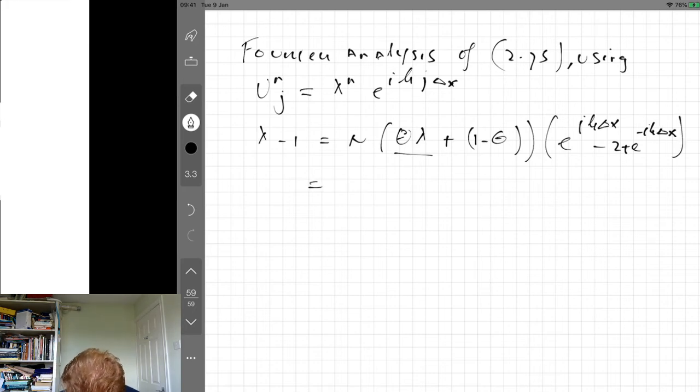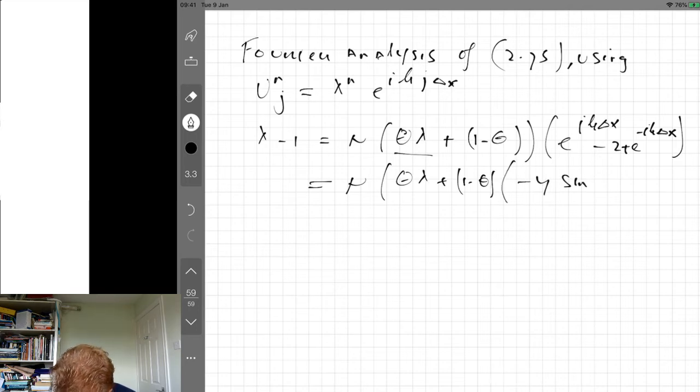And this we can factor again as mu times theta lambda plus 1 minus theta, and this becomes minus 4, using the same goniometric rules, delta x squared over 2, and now we have to rearrange in terms of lambda.